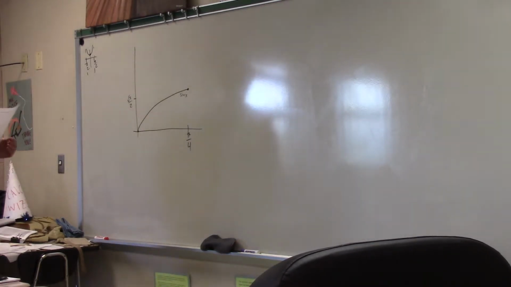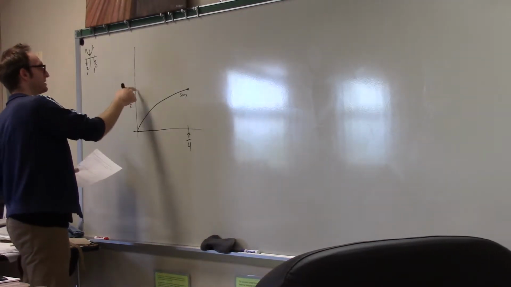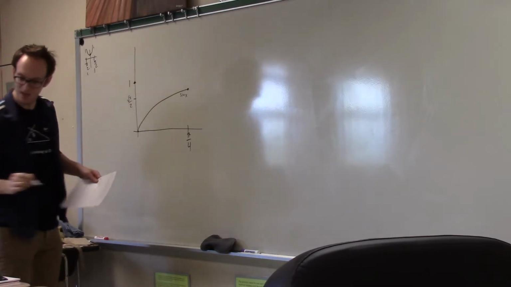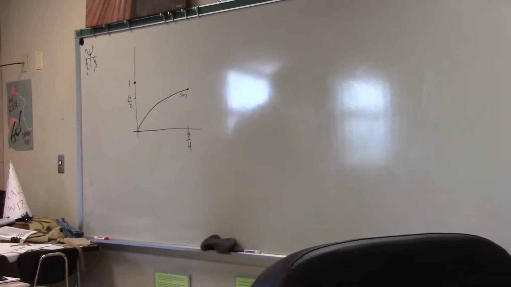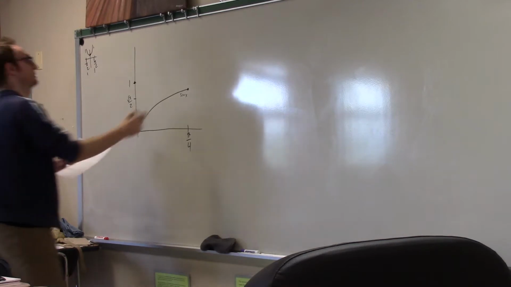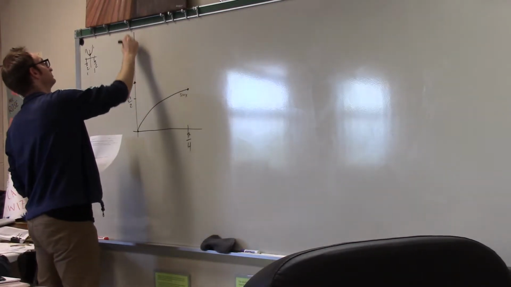So if I want to graph secant squared, when I plug in 0, I get 1, and by the time I get to pi/4, what is secant squared? Secant of pi/4 is just √2, so secant squared is going to be 2.